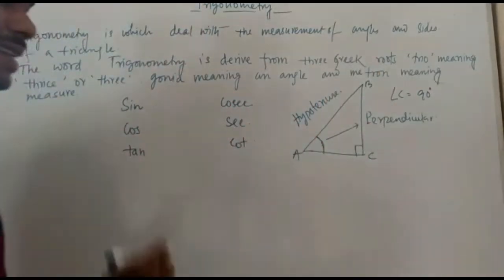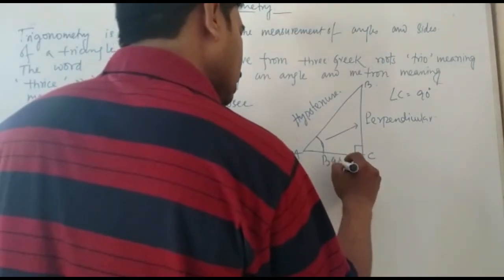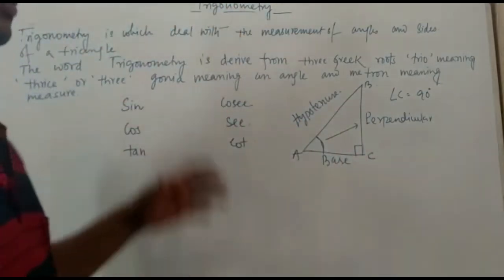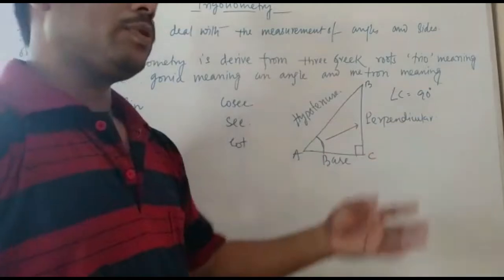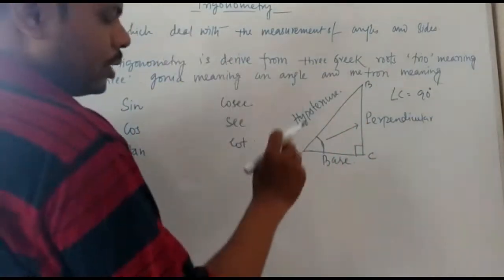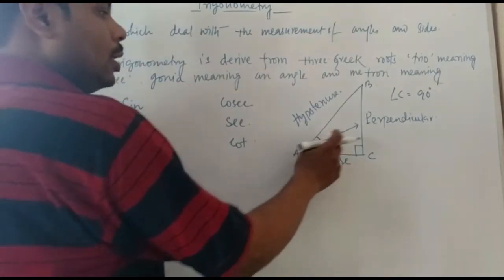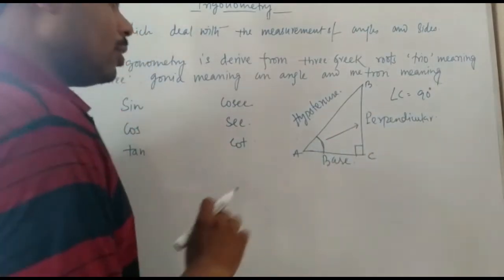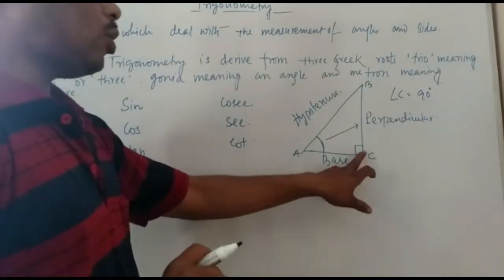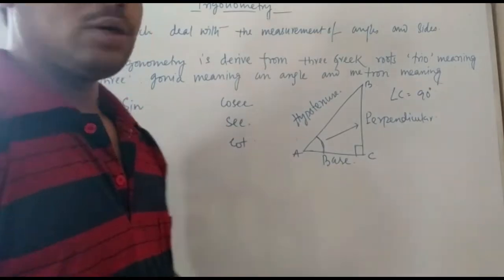And the adjacent side of the perpendicular, that is AC, is called the base. This is the main thing of this chapter: which one is perpendicular, which one is base, and which one is hypotenuse. Very easy: whichever angle you consider, the opposite side is the perpendicular, the opposite of 90 is the hypotenuse, and the adjacent side of the perpendicular is the base.